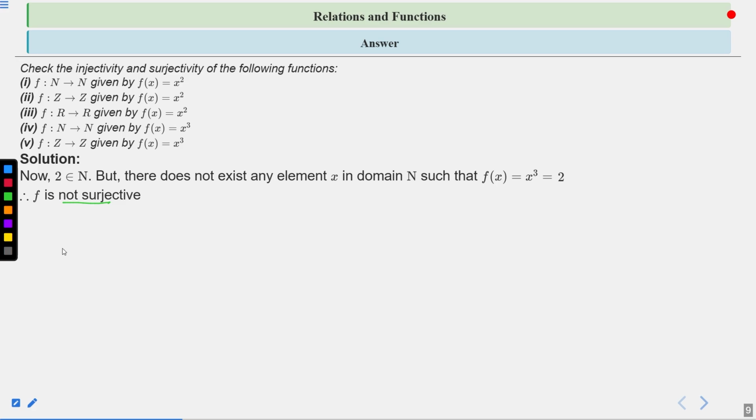Clear? Now, we can easily conclude that the given function from N to N, f(x) is equal to x cube, is injective but not surjective. Clear?